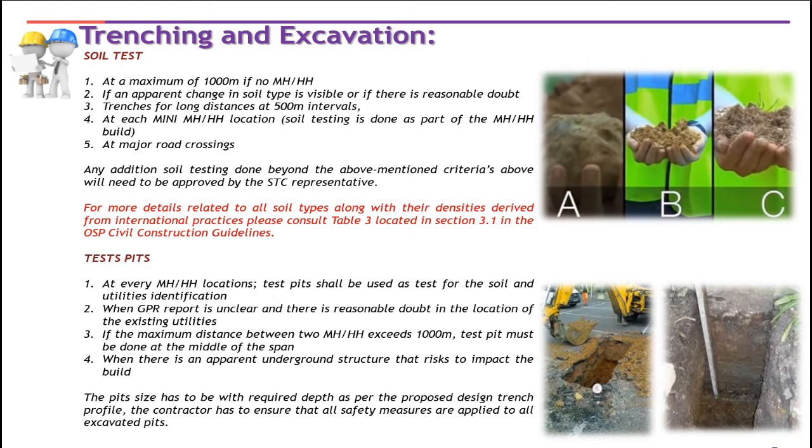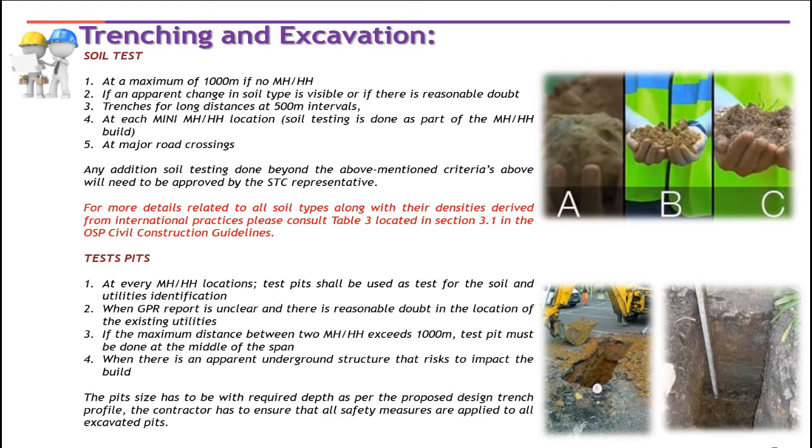A test pit, on the other hand, is used to determine the actual existing utilities underground, or it could also be used if you have doubt about the actual existing utilities underground. This is very important so that the implementation team will not be surprised during execution.